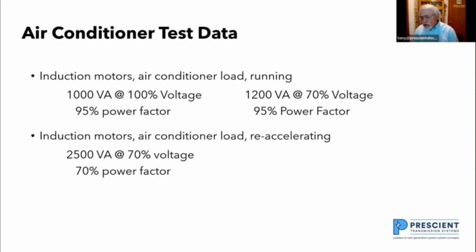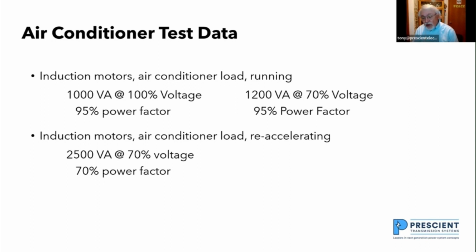So for the air conditioners, these are window shaker air conditioners, the 120 volt air conditioners you put in your windows. And 1,000 volt amps, 100% voltage, we got 95% power factor on those. And if the voltage dropped to 70%, they were drawing 1,100 or 1,200 volt amps at 95% power factor. So at a lower voltage, the power draw went up.